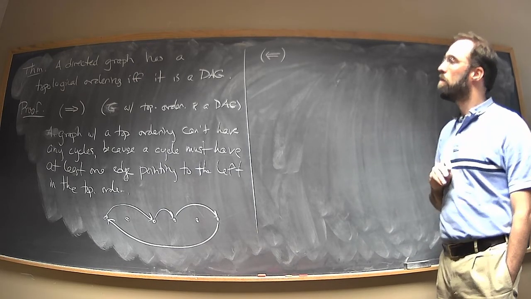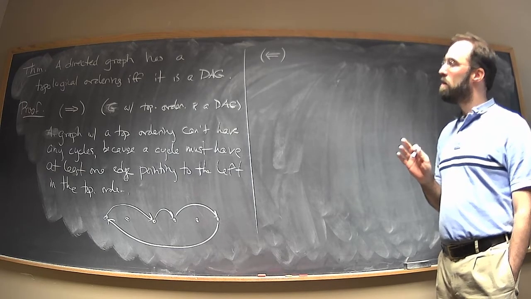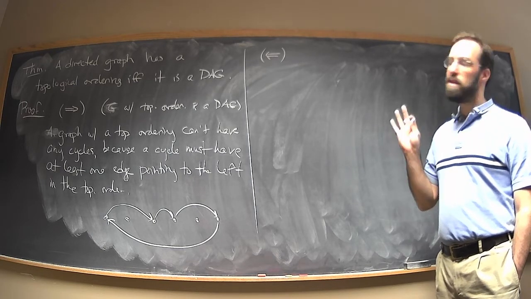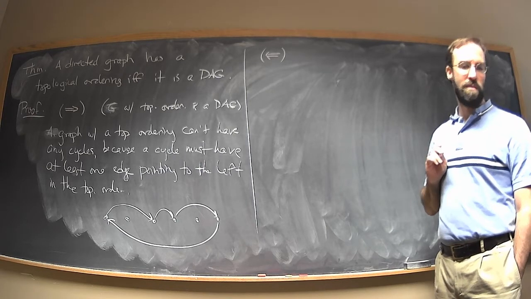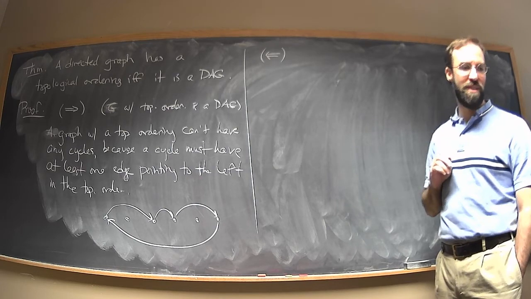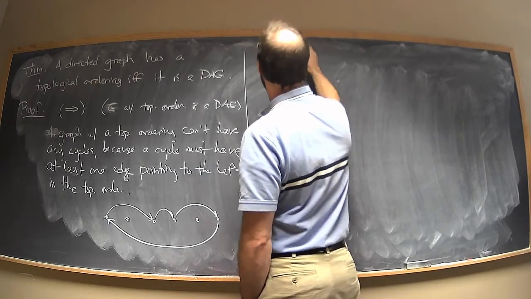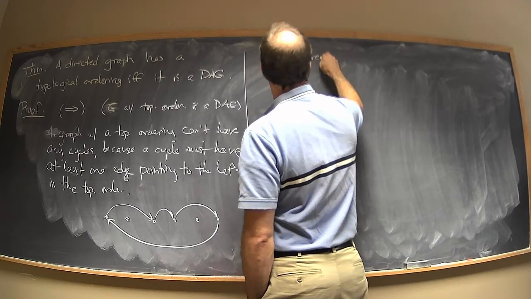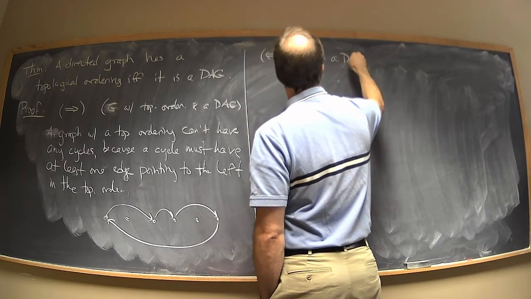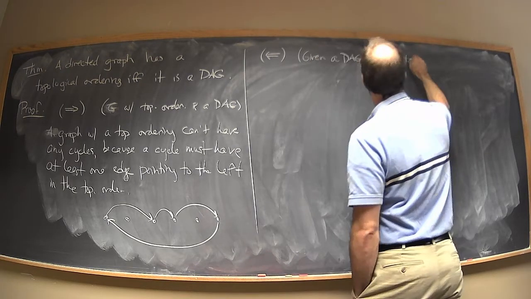A mathematician would be satisfied with saying, I have a DAG, and I'm going to prove that a topological ordering must exist. We're not satisfied with that. We want to actually compute one. So given a DAG, find a topological ordering.